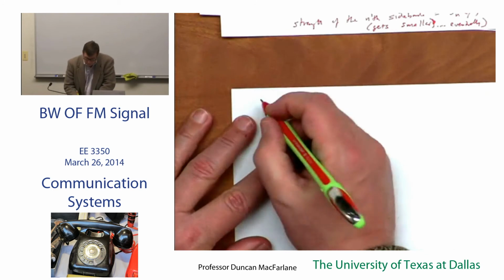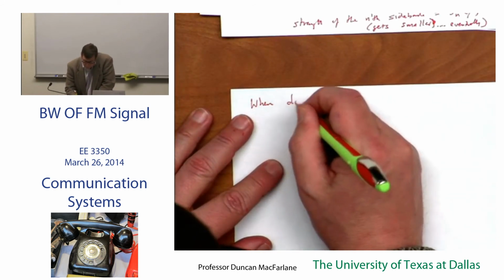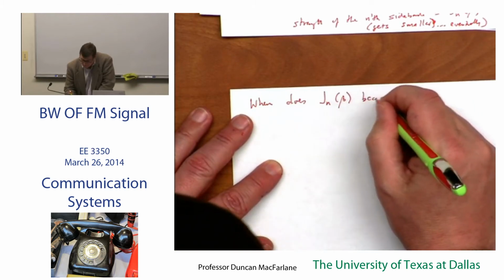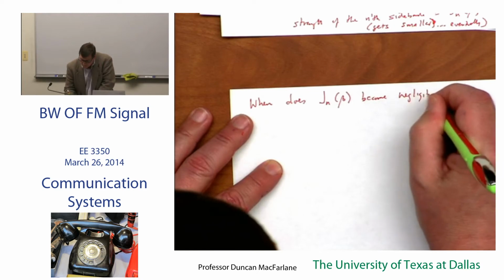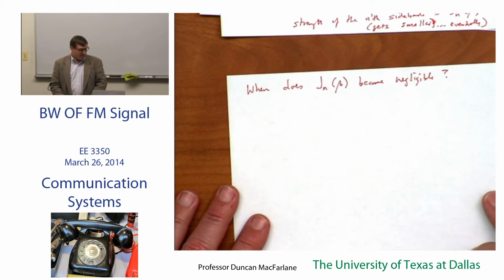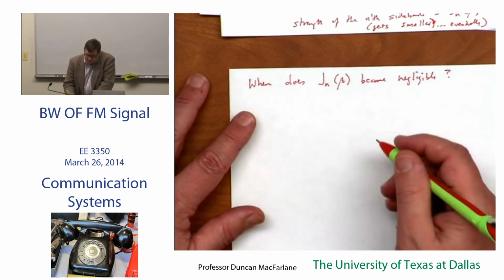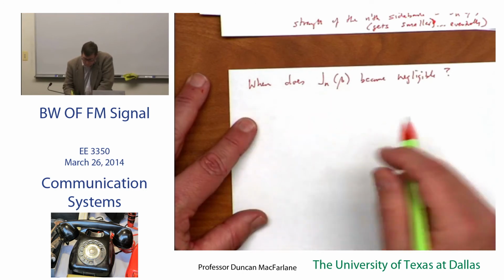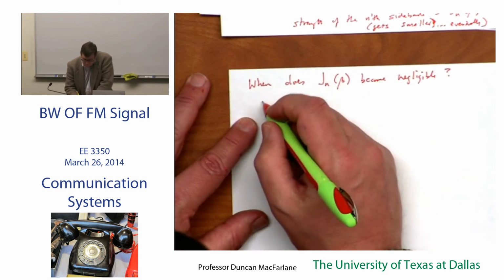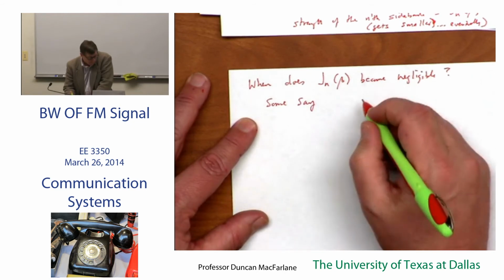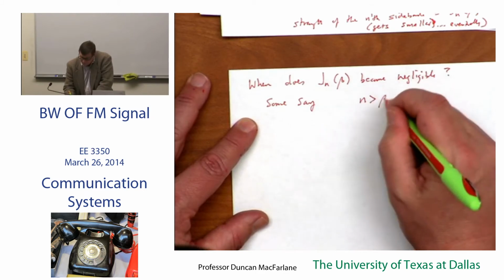We can set a rule: we can ask the question, when does that Jn of beta become negligible? Some say this happens for n greater than beta plus 1.